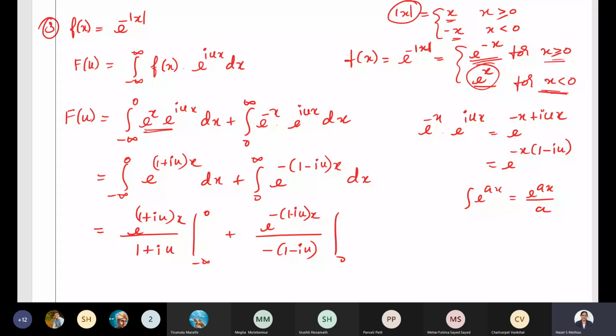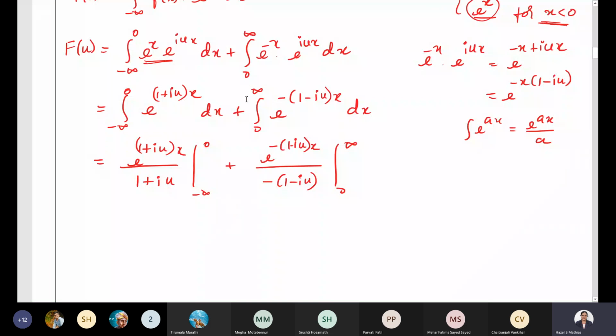So let's substitute the limits. Let's put the upper limit as 0. So e power 0 will become 1, with 1 plus iu in the denominator. Next, the lower limit, e power minus infinity. Here you will have the term e power some term into minus x, which is minus infinity.